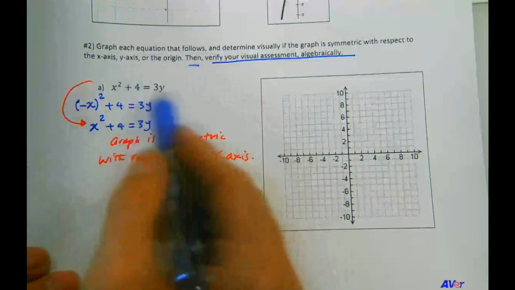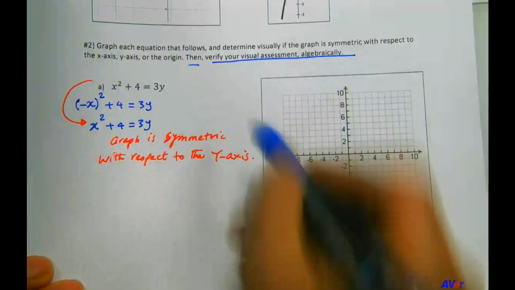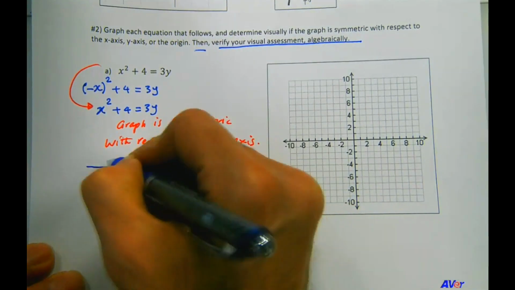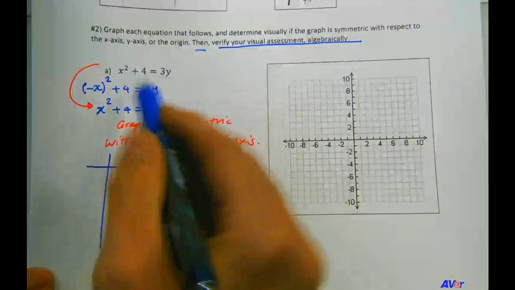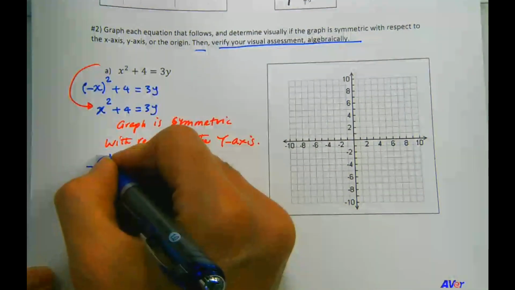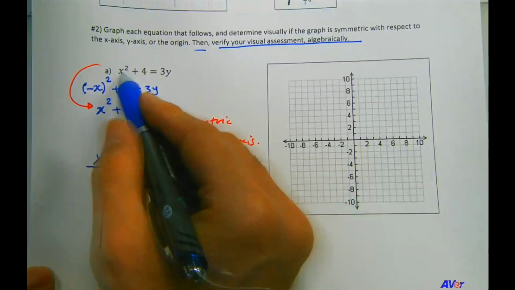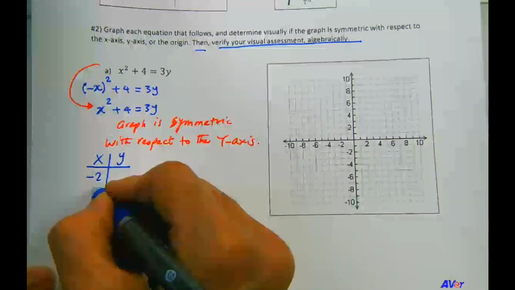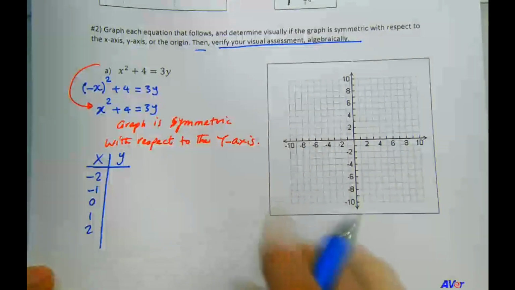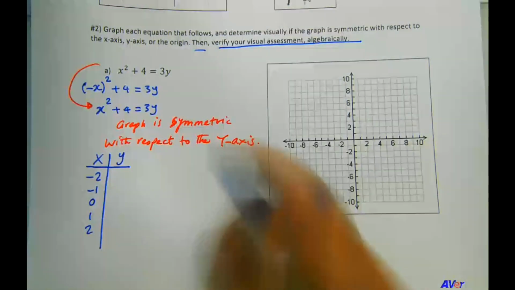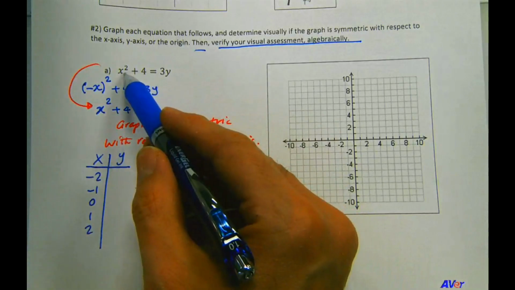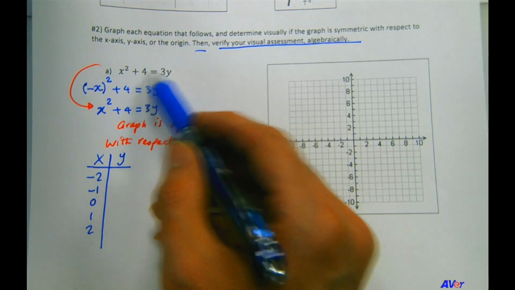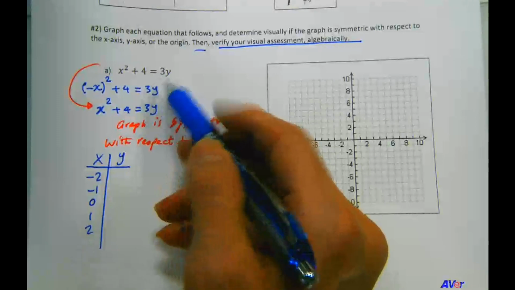We're going to pick some easy values, such as minus 2. So this is x, and these are y values. If x is minus 2, minus 1, 0, 1, 2, I think these 5 values should be enough to graph that. So minus 2 squared is positive 4, plus 4 is 8. 8 equals 3y, so y equals 8/3.